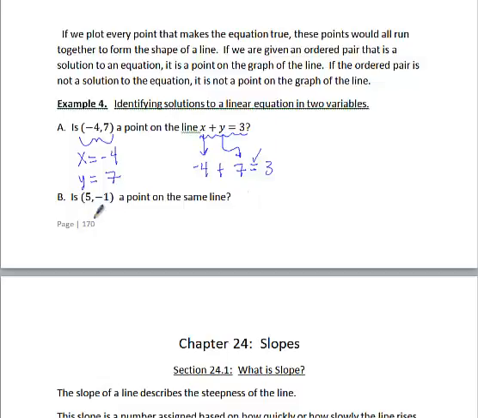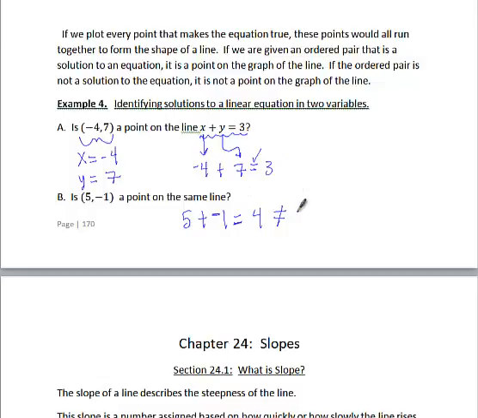Okay, they give us a second point, 5, negative 1. Is it a point on the same line? Well, we don't have to graph it. We just have to use this equation, which says that we want to add the two numbers, x plus y, so 5 plus a negative 1. Well, what does that equal? 5 minus 1, that gives us a 4. But that does not match the right hand side of the equation, or the right hand side of the line.